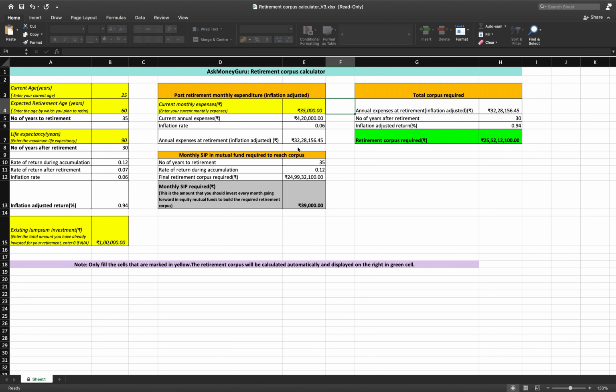So we can roughly see that therefore for maintaining the current lifestyle after retirement, we would roughly need a retirement corpus of 25 crores, 52 lakhs, 12,100 rupees. And in order to accumulate that retirement corpus by the time you retire, you need to start investing a monthly amount, a monthly SIP of 39,000 going forward in equity mutual funds. So by the time you retire, you would be able to accumulate this corpus.